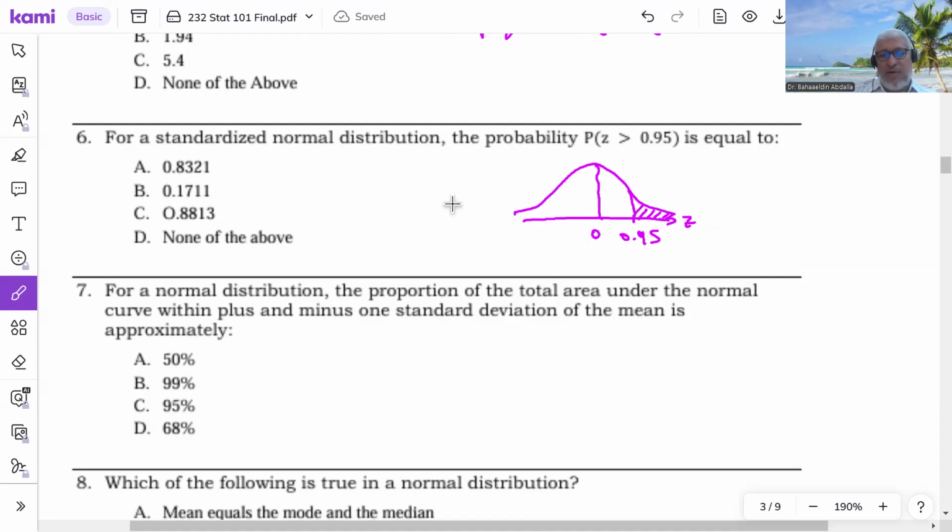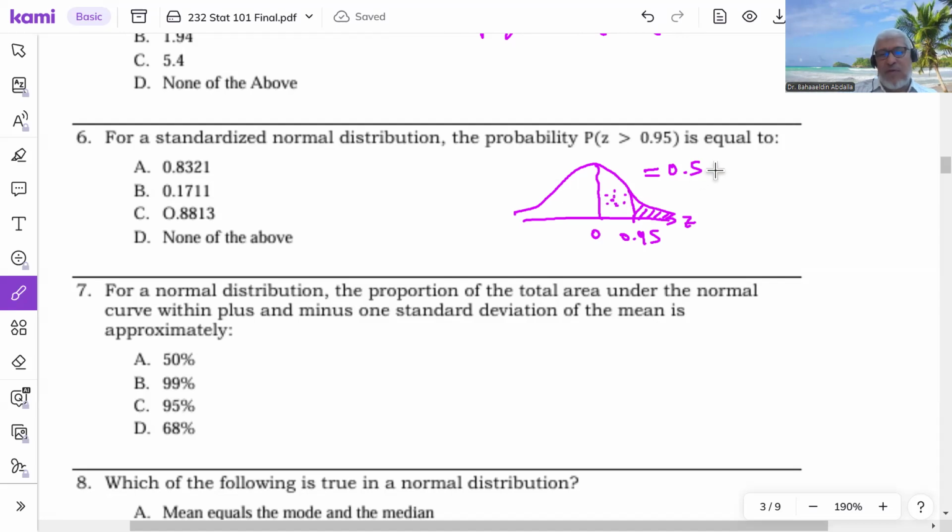Well, I have the table of the normal distribution, but the table gives me only this area from 0 to 0.95. So to find the probability that Z is greater than 0.95, I write 0.5, because the area to the right of 0 is 0.5 and the area to the left of 0 is 0.5.